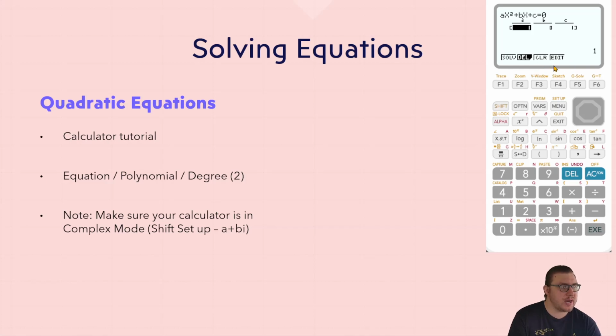So let's just put in some numbers. Here, for example, we can put in 2 for 2x squared minus x plus 0 is equal to 0. Whatever coefficients you have, put them in, and we press solve.